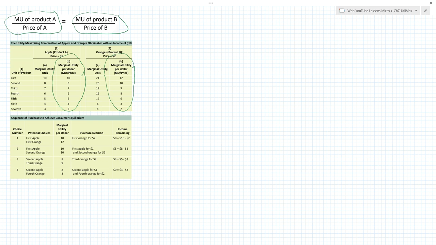So how does a consumer, and you know, students will all the time talk about how, well, nobody thinks about this when they're making purchasing decisions. Well, that's true, absolutely. Economists agree with that. Nobody goes around thinking about their marginal utility per dollar spent on something.